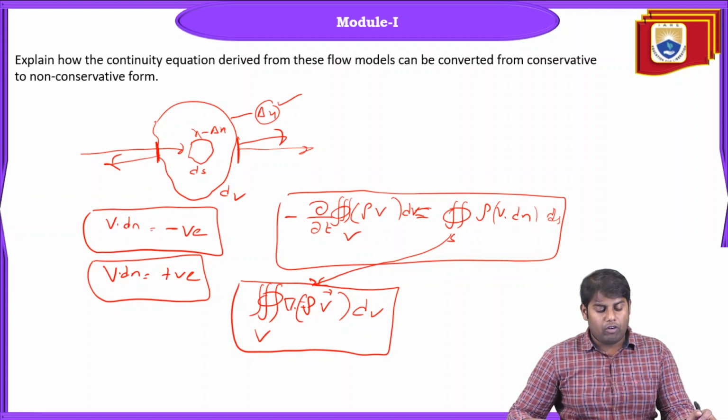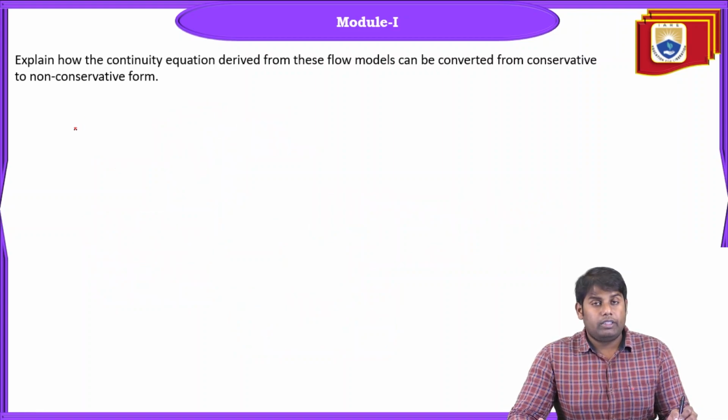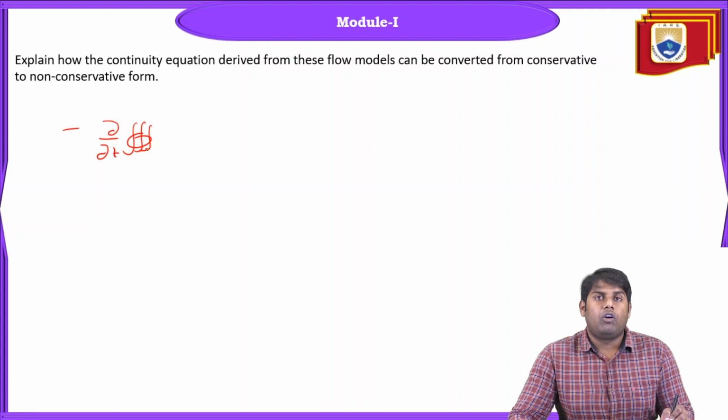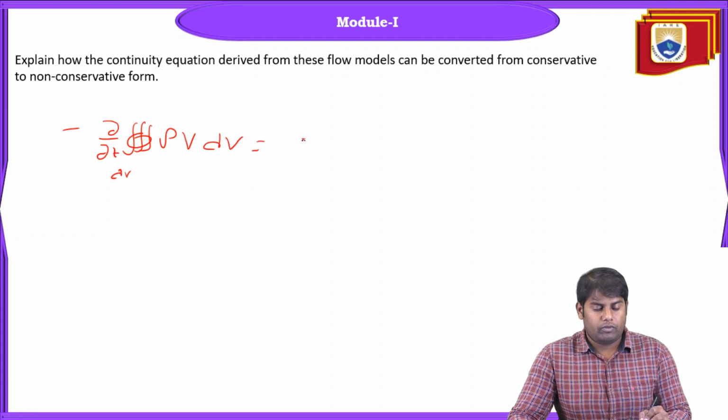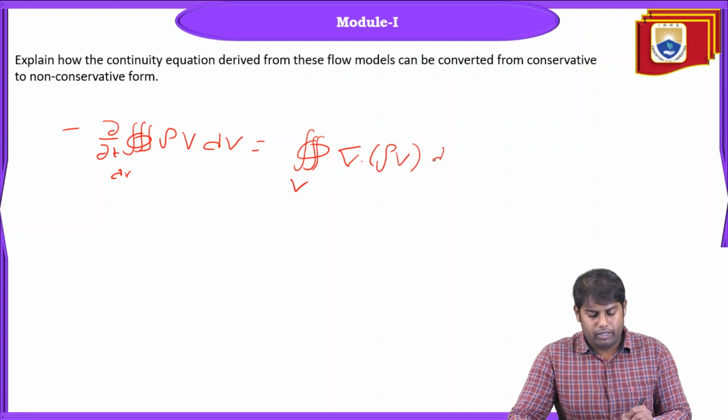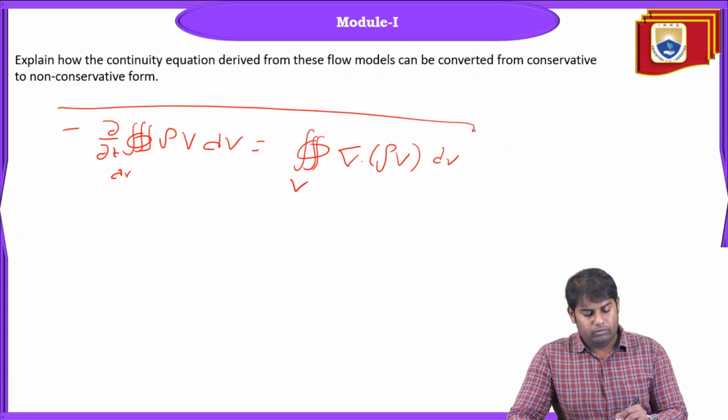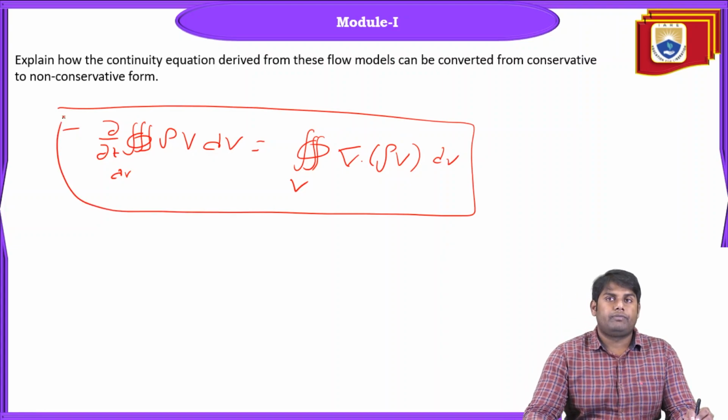Finally, this minus dou by dou t of the volume integral of rho dv is equal to the volume integral of del dot rho v dv. So this is the final expression here.